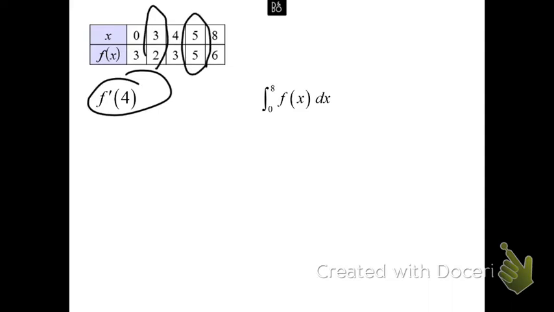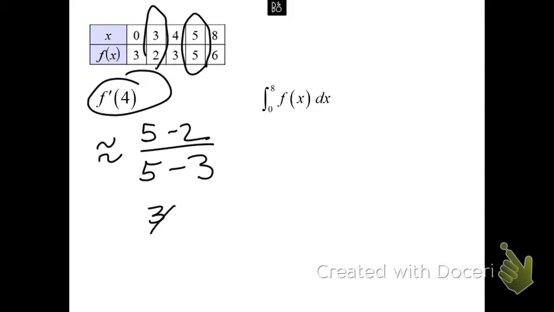My estimated derivative would be: subtract the y's, subtract the x's. Okay, Algebra 1 slope formula using the two values surrounding the point in question. So this would be 3 over 2. So that's just a review of what we did way earlier in the year, estimating a derivative. It's the Algebra 1 slope of the secant using the 2 points surrounding the one in question.